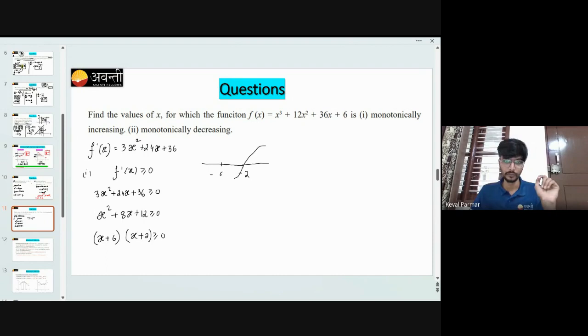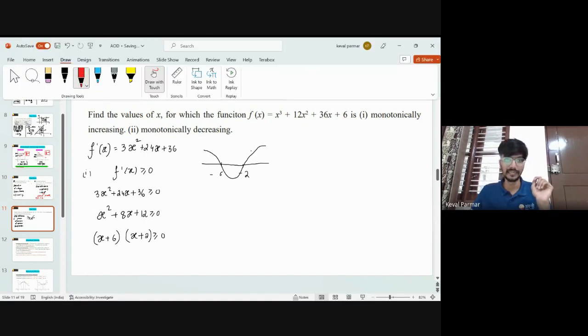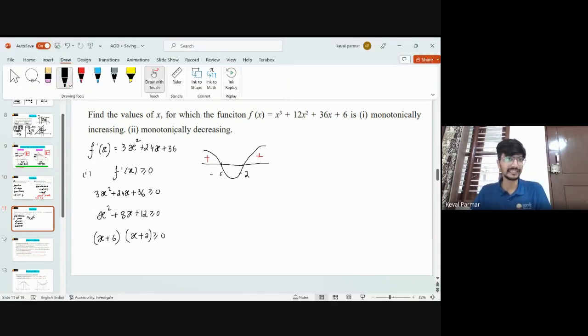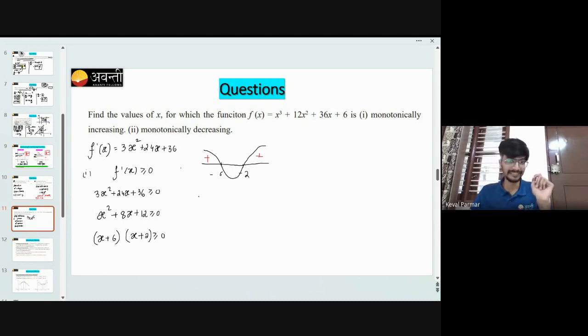So if I draw this wave, the positive areas, meaning above the x-axis, these ones, are my answer. That means x will belong to -infinity to -6, union -2 to infinity.